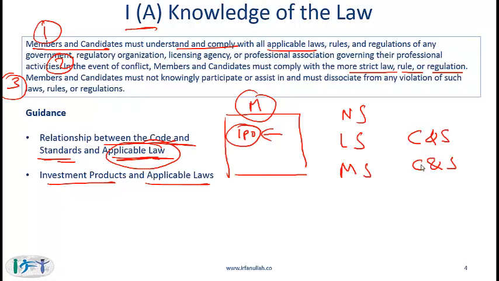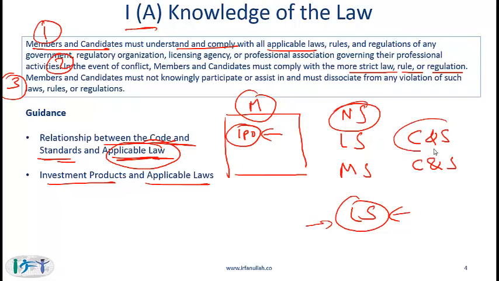So I'll just go through some of the scenarios. Let's say you reside in NS. So this country has no standards when it comes to investment related work, but you do business in a country that is LS. In other words, this country where you do business has securities related laws, but those laws are less strict compared to the code and standards.